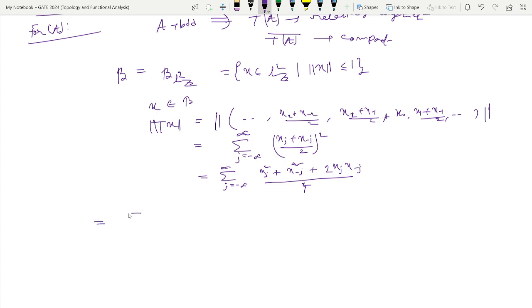So taking 1 by 4 common, we get the summation of xj square, plus the summation of x minus j square, plus the summation of 2 xj into x minus j, with j from minus infinity to infinity.